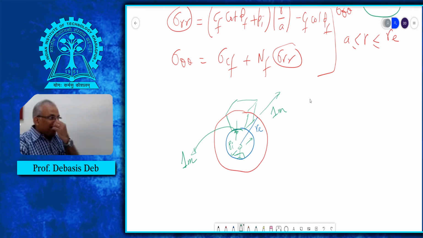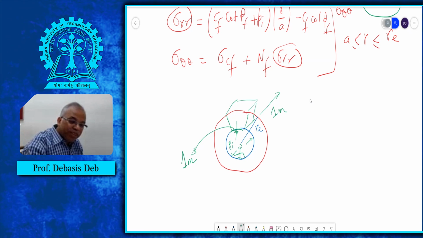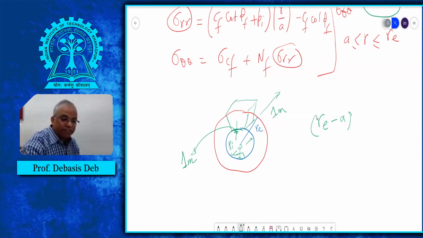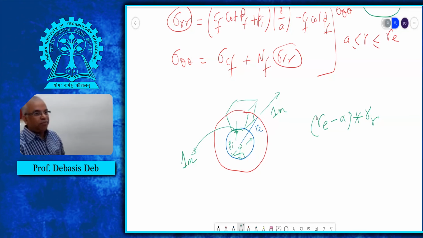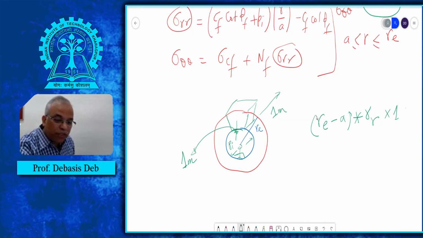So if in both directions it is 1 meter, then I can write its weight will be (Re minus a) into some gamma rock, and multiply by 1 meter into 1 meter. Okay, that I am taking out. So this is its weight, W.